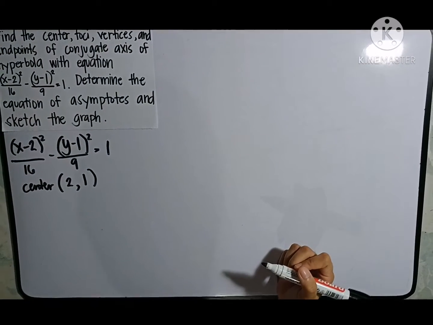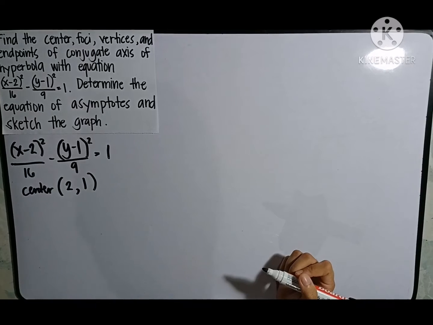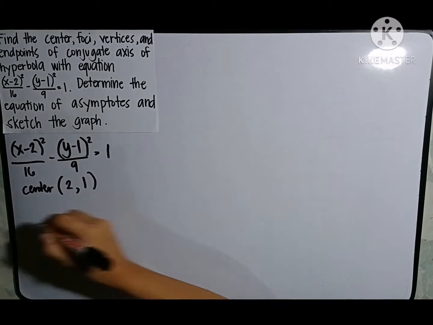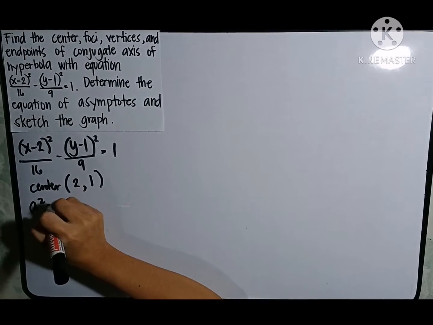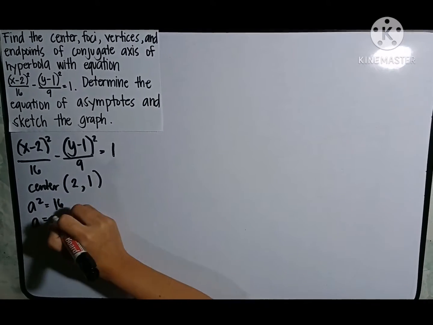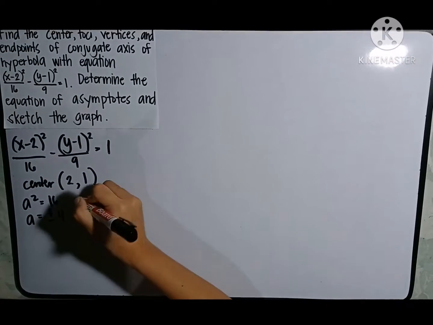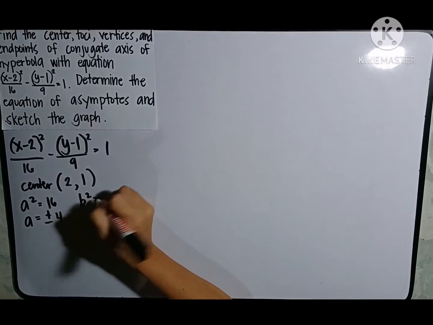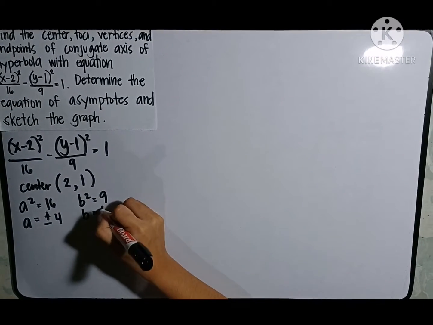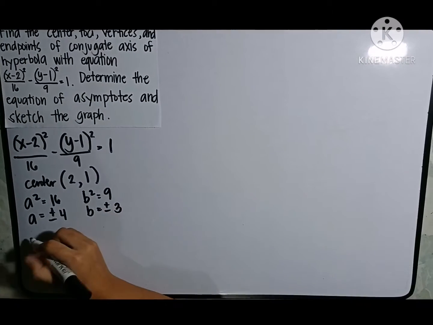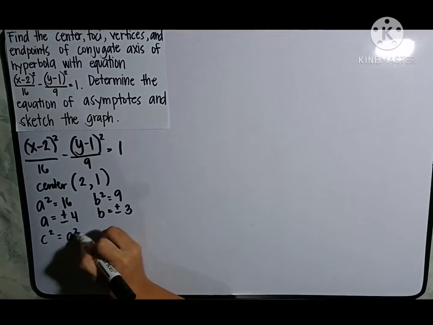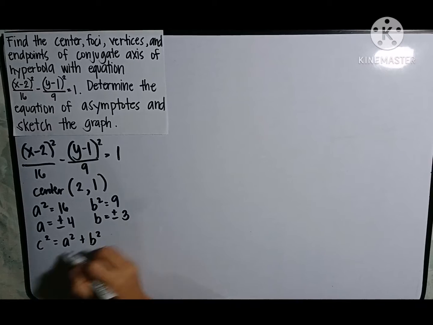Another thing that we can identify from the equation are the values of a and b, then the value of c. a squared is equal to 16, so a is equal to plus or minus 4. b squared is equal to 9, so b is equal to plus or minus 3. While c squared is equal to a squared plus b squared.